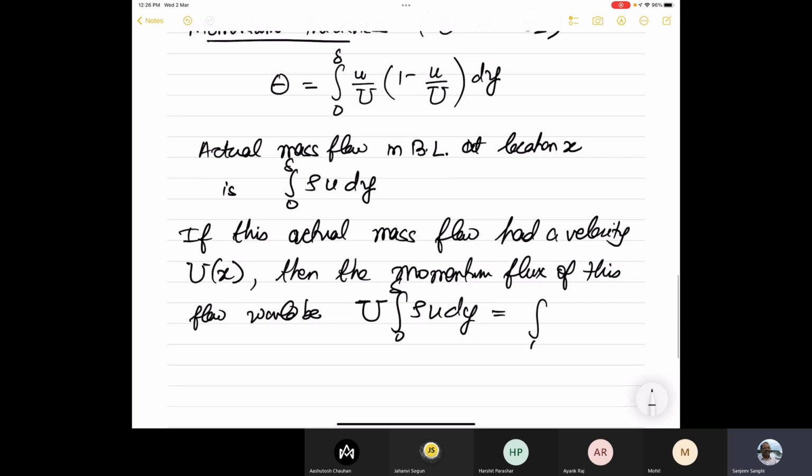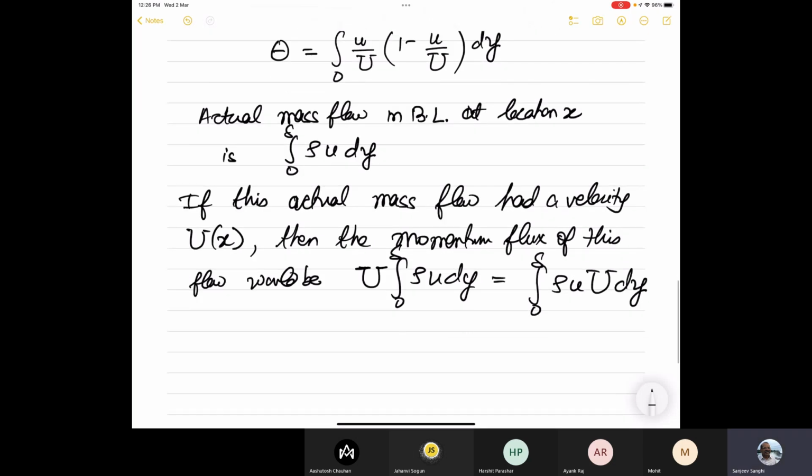And this I can write as the integral from 0 to delta of rho u capital U dy, because capital U is not a function of y, so I can pull it inside the integral.